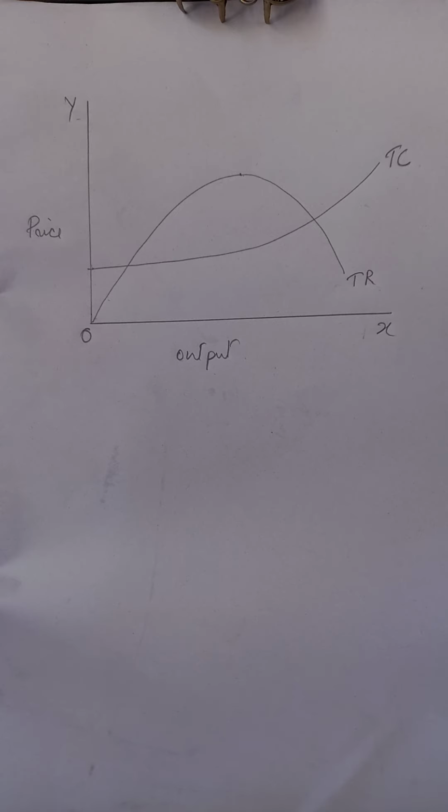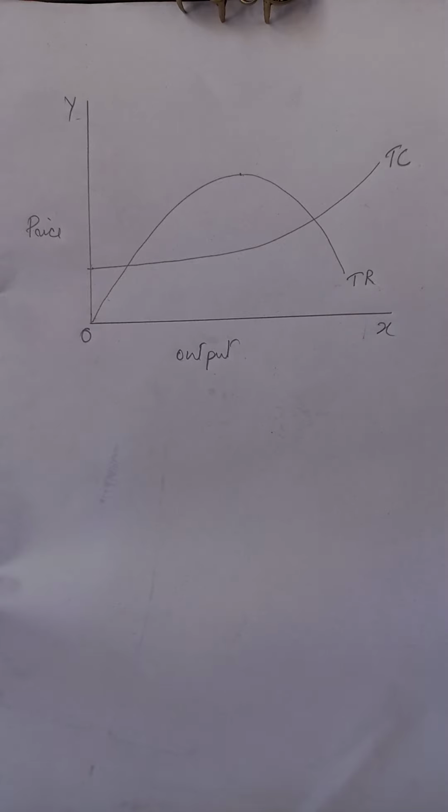According to this approach, it's quite simple, like the earlier one we discussed. The total revenue, total cost approach states that a monopolist will be in equilibrium, or a firm will reach its equilibrium, when the distance between the TC and the TR is at the maximum.